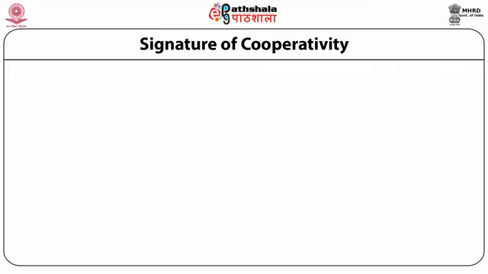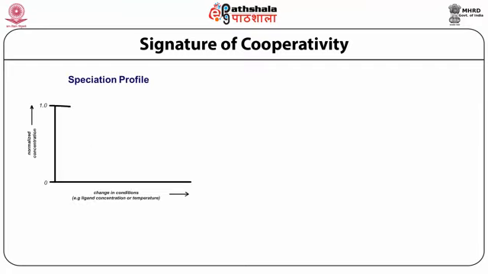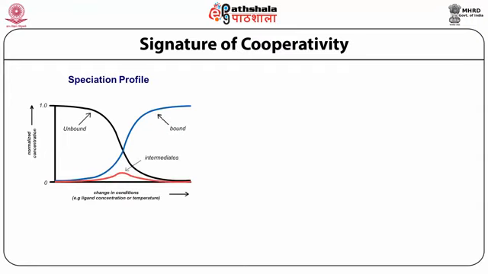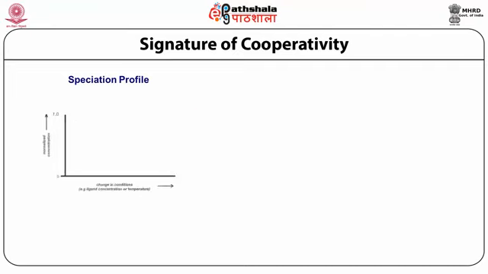If we are talking about positive cooperativity, we can look at the speciation profile, and we see the change from unbound state to bound state is quite steep and sigmoidal in nature, whereas the accumulation of intermediate concentration is always very low.